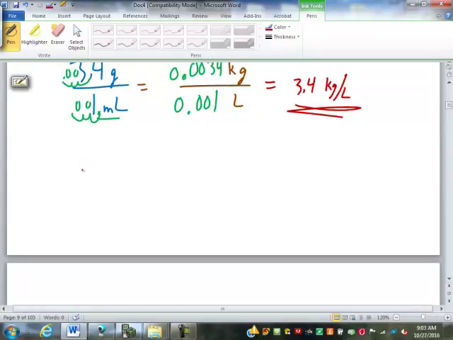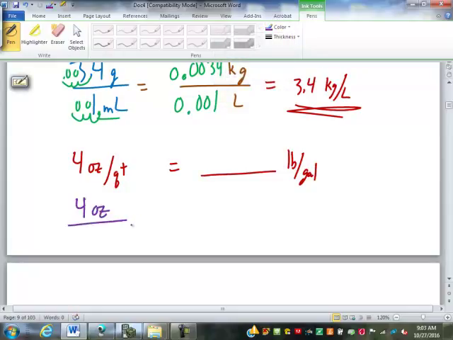Let's say you've got something listed, like mixing 2-cycle oil or something like that, and they tell you that you need to mix 4 ounces per quart. You want to know, okay, what is that in pounds per gallon? A lot of times they do ounces per gallon. Makes more sense. So 4 ounces per 1 quart.